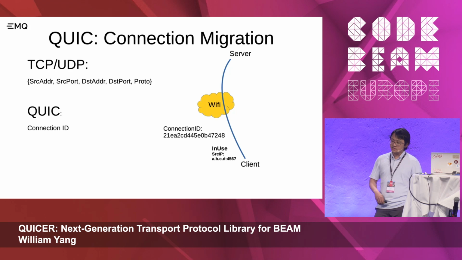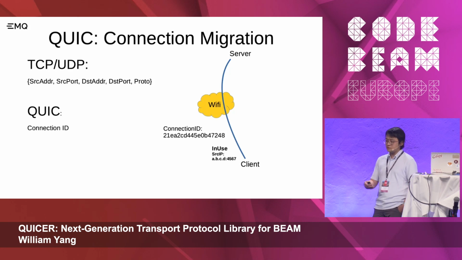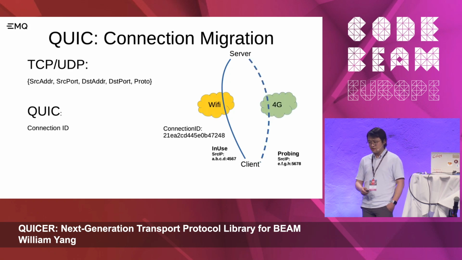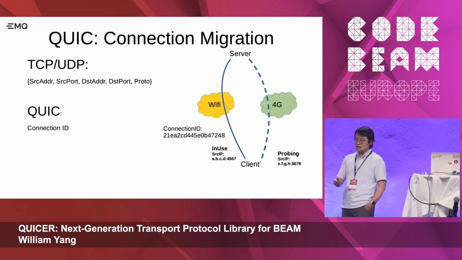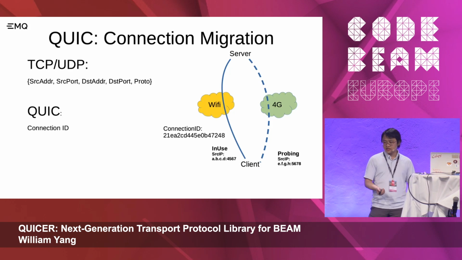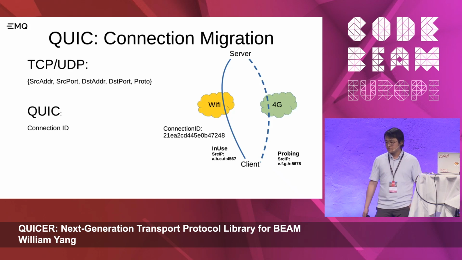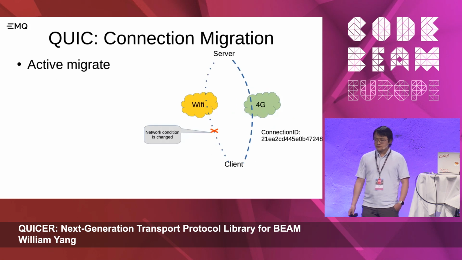At the right side, I just give you an example. If your client is using Wi-Fi as the access network to talk to the server, with QUIC you can also probe with another network. Probing means we are testing the network path to see if it works okay, and also the MTU size, if it can work with UDP.